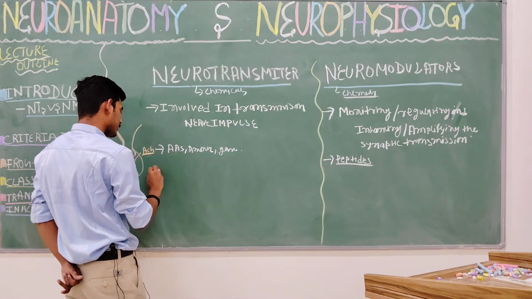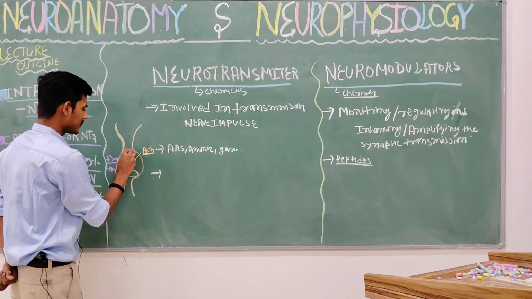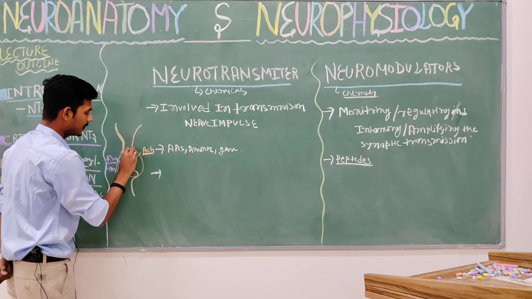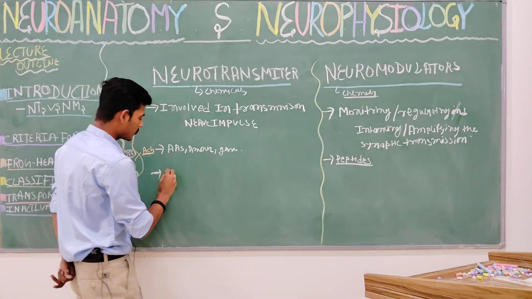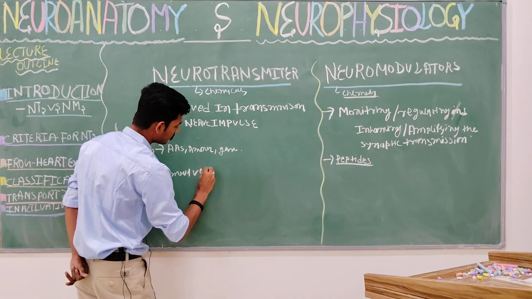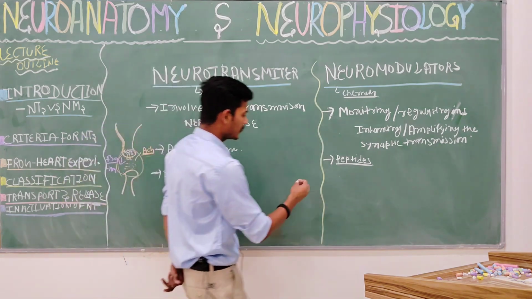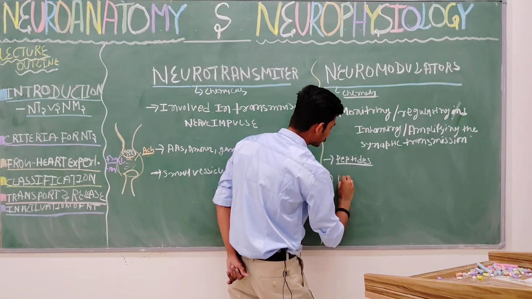Now let's talk about the storage. Neurotransmitters are stored in the small synaptic vesicles, or we can say vesicles. Fine, but neuromodulators are stored in the large vesicles.